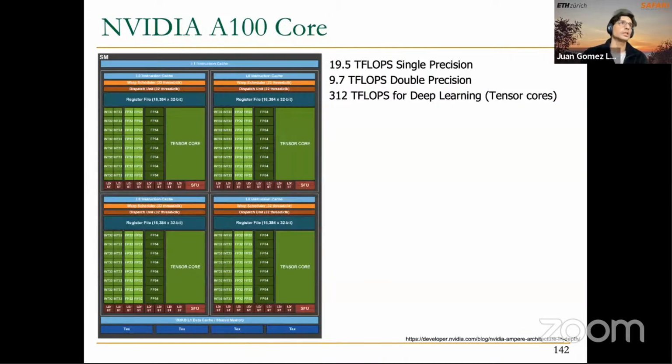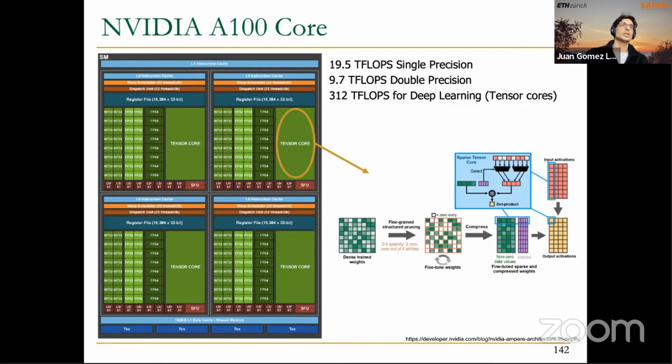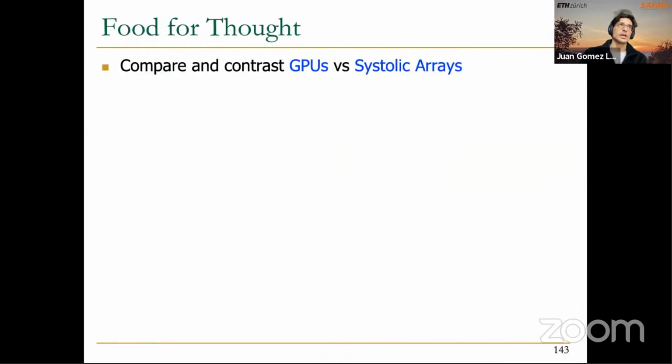If you look at the internals of the A100 core, you will see it's quite similar to the V100 core. One of the key differences is in these tensor cores, which now have a way of pruning, getting rid of some of the weights, and this way saving multiplications and having more efficient execution.